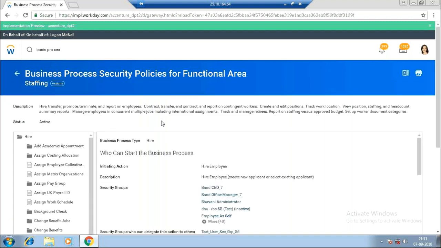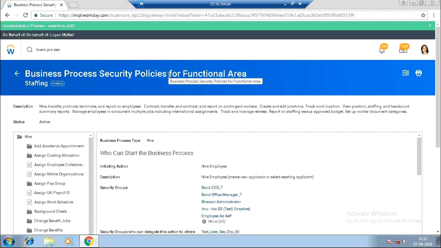Let's say hire employee is a business process, right? It controls how an employee is hired into the Workday system. We will see that once we complete this security part and move into the business processes. Suppose hiring is a business process which specifies the steps you have to go through so that a person can be hired as an employee.